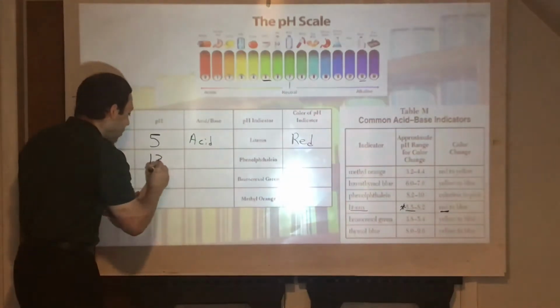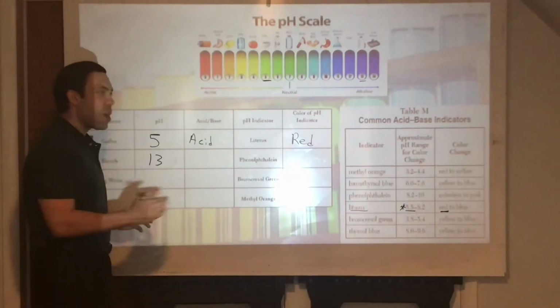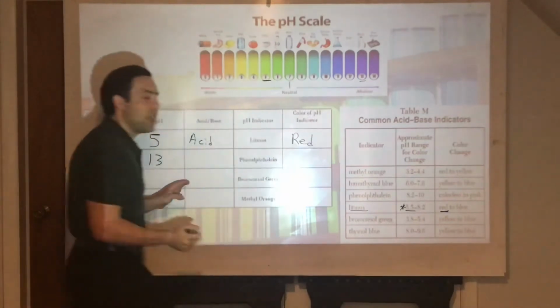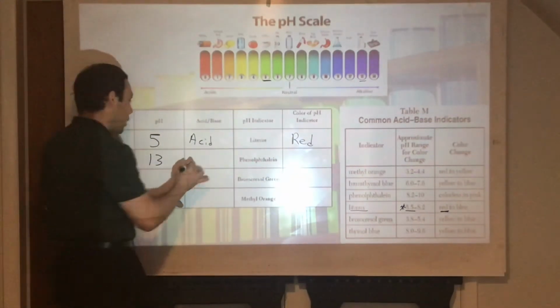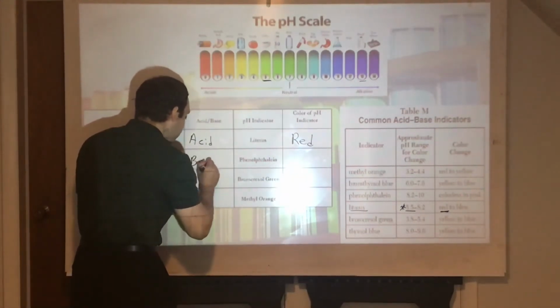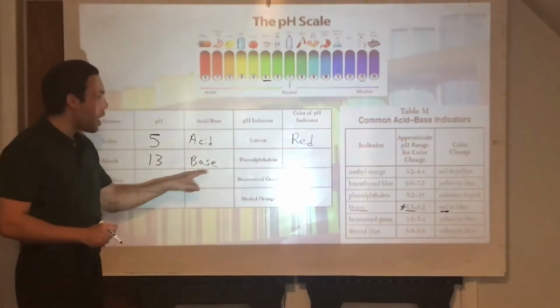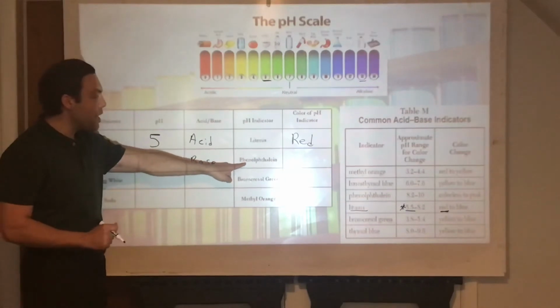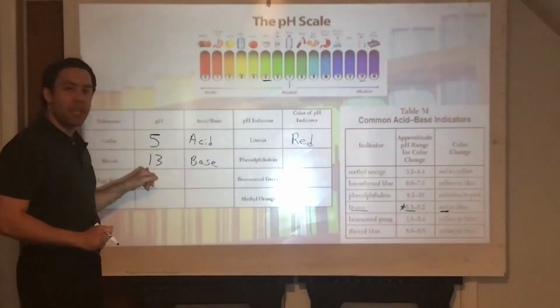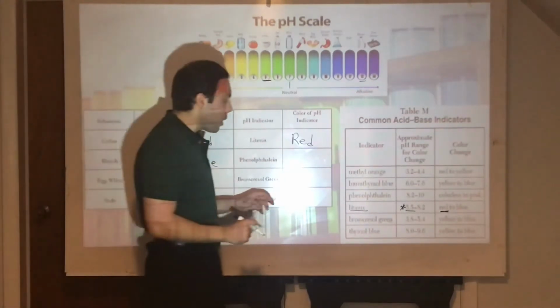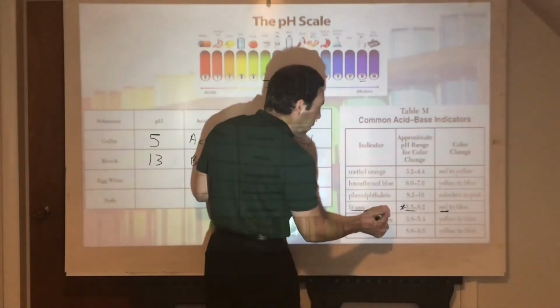The second substance, bleach, has a pH of 13. So we'll write that in, a pH of 13. Remember, anything greater than 7 is going to be basic. So a substance like bleach with a pH of 13 will be considered a base. Now we have to determine the color of phenolphthalein in this bleach solution. The bleach solution, once again, has a pH of 13.